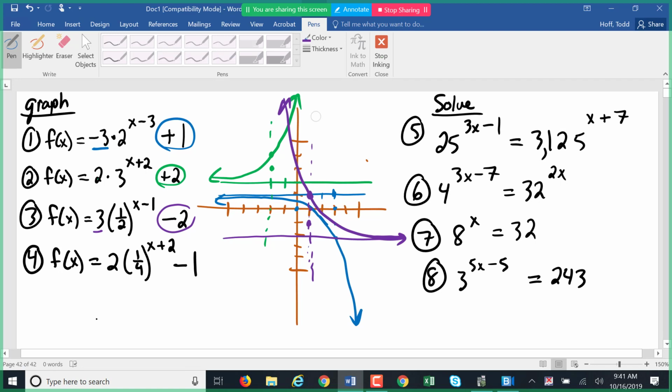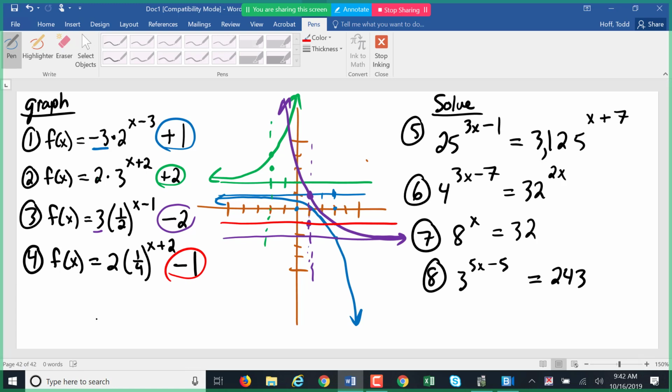Finally, the last one. -1, of course, that means our horizontal asymptote is going to be at y equals -1, 1 unit below the x-axis. X +2, remember, it goes the opposite direction, so that means our normal behavior for the vertical axis is going to be moved over to x equals -2.